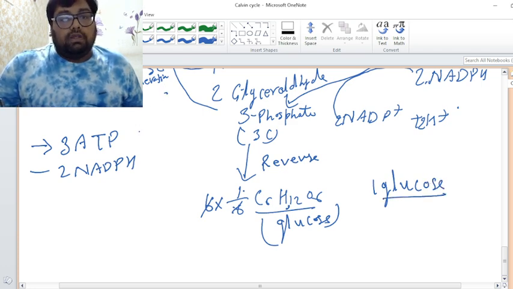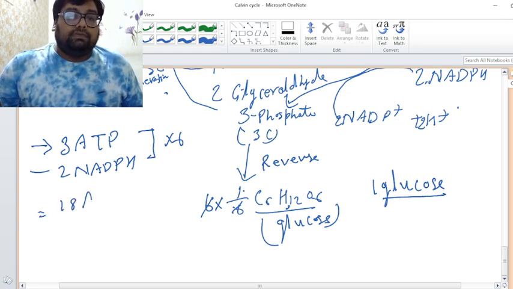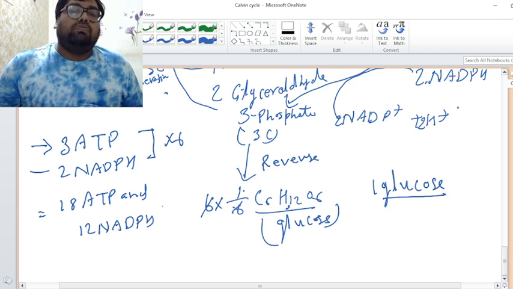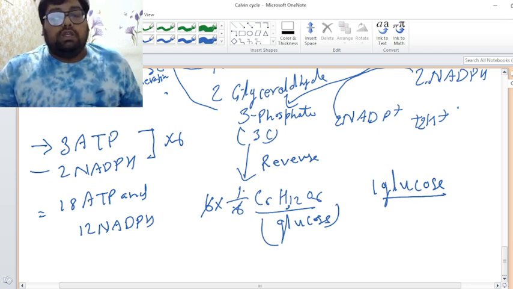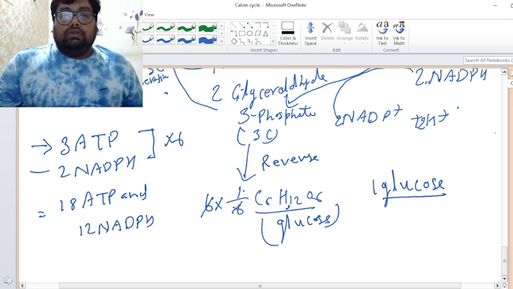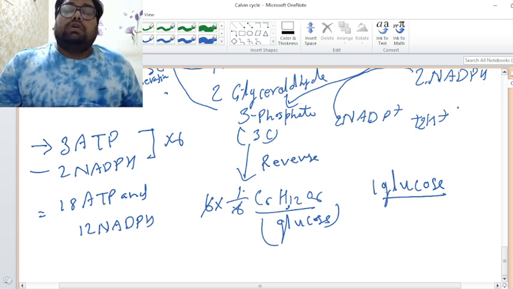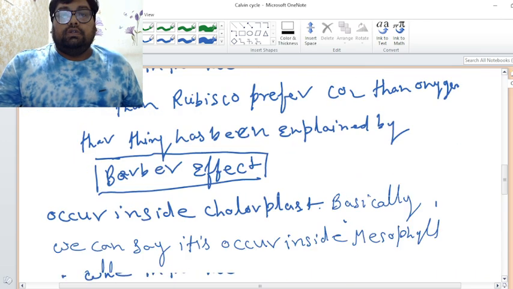Six cycles means 18 ATP and 12 NADPH. So for the production of 1 molecule of glucose, there is a requirement of 18 ATP and 12 NADPH during the C3 cycle. This is the Calvin cycle, in which 1 molecule of glucose is formed. So that's it for the Calvin cycle.